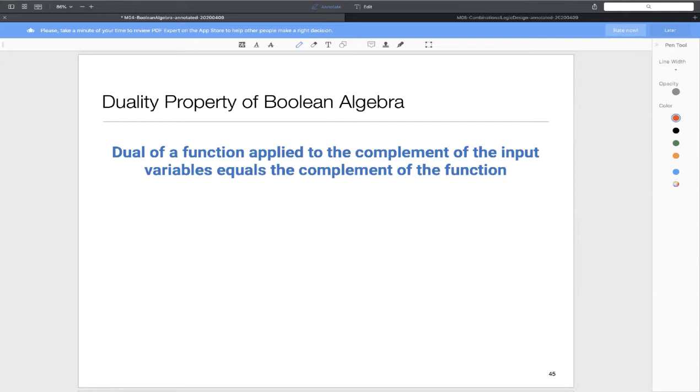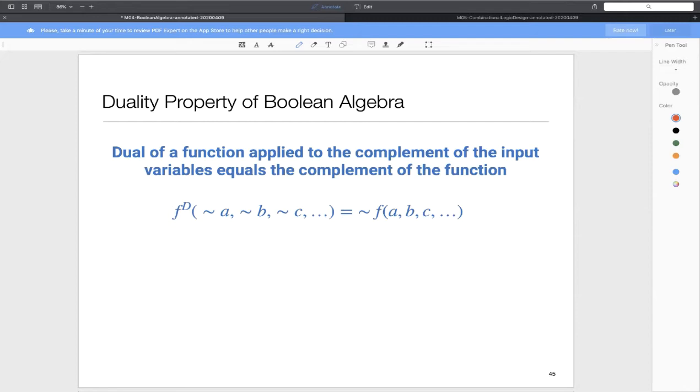It's basically saying that if you apply the dual function to inputs which have been negated, then it is the same as complementing the function applied to regular inputs. In other words, the dual of f applied to not A, not B, and not C is the same as applying f to A, B, C and then taking the negation of that.